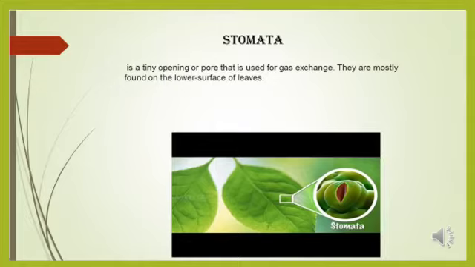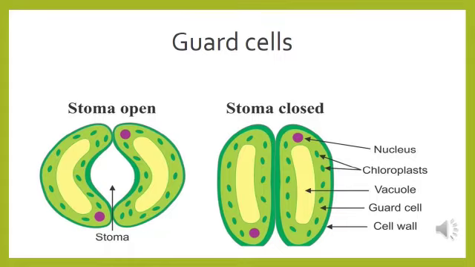These microscopic openings are called stomata. This allows carbon dioxide and oxygen gas to pass through. The lower surface has a special mechanism to allow the gaseous exchange. These openings in the stomata are regulated by a pair of guard cells.